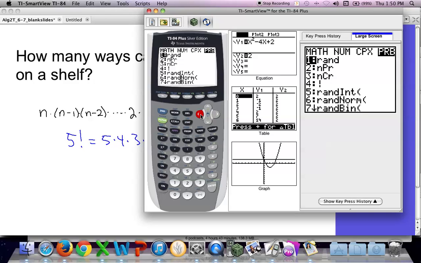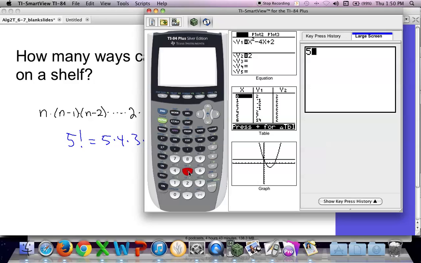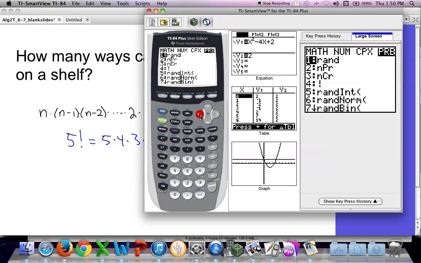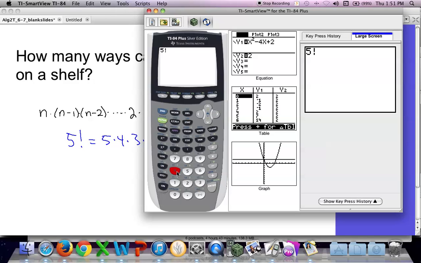So this is the way, if I wanted to do 5 factorial in the calculator, you start on the main screen, first put the 5 there, and then do the math PRB 4. Enter. 120. Okay.